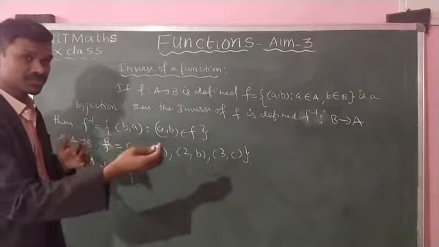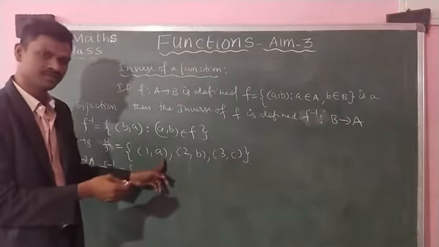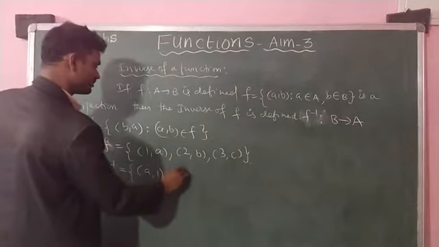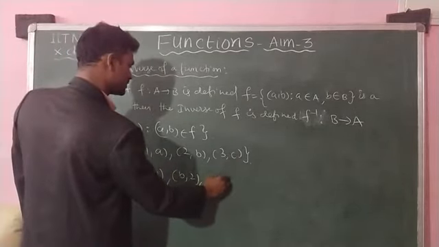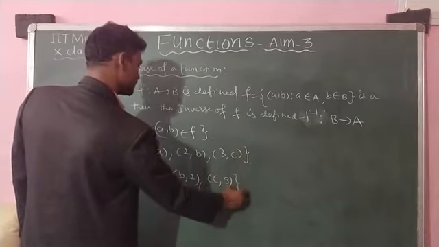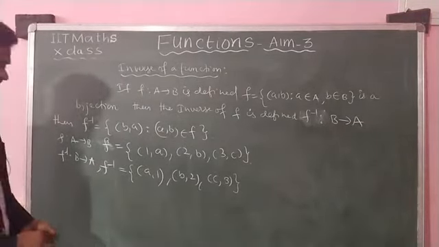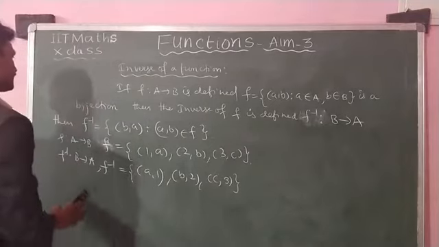You have to interchange the first element and the second element. Then you can write f inverse is equal to {(a, 1), (b, 2), (c, 3)}. This is the inverse of the function. Understand?